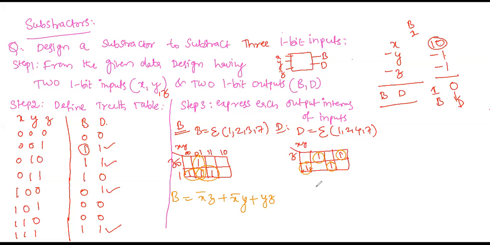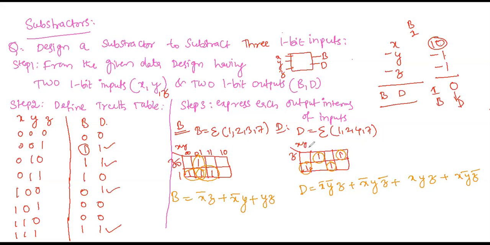So you have to write individual terms: X bar Y bar Z plus X bar Y Z bar plus X Y Z plus X Y bar Z bar.